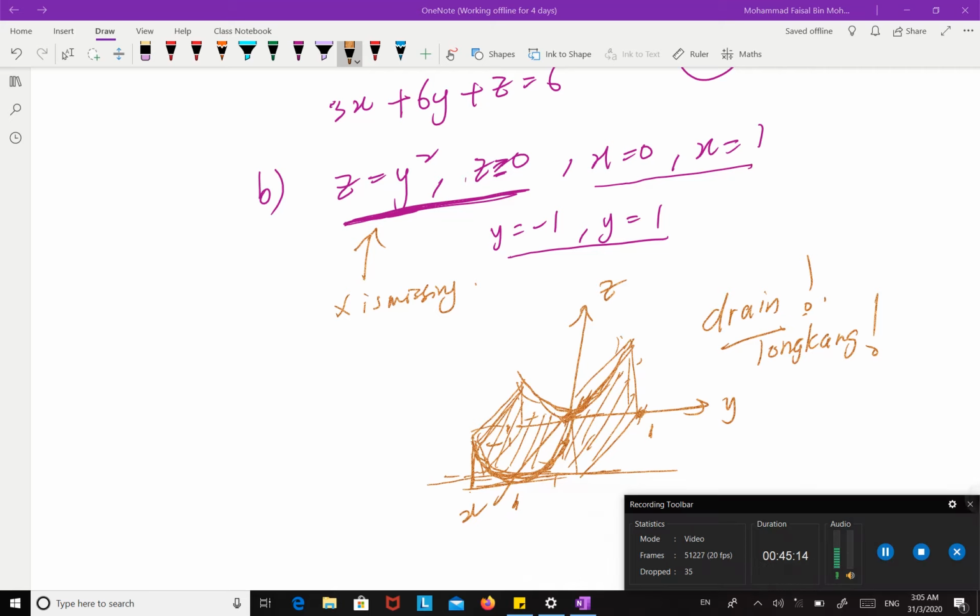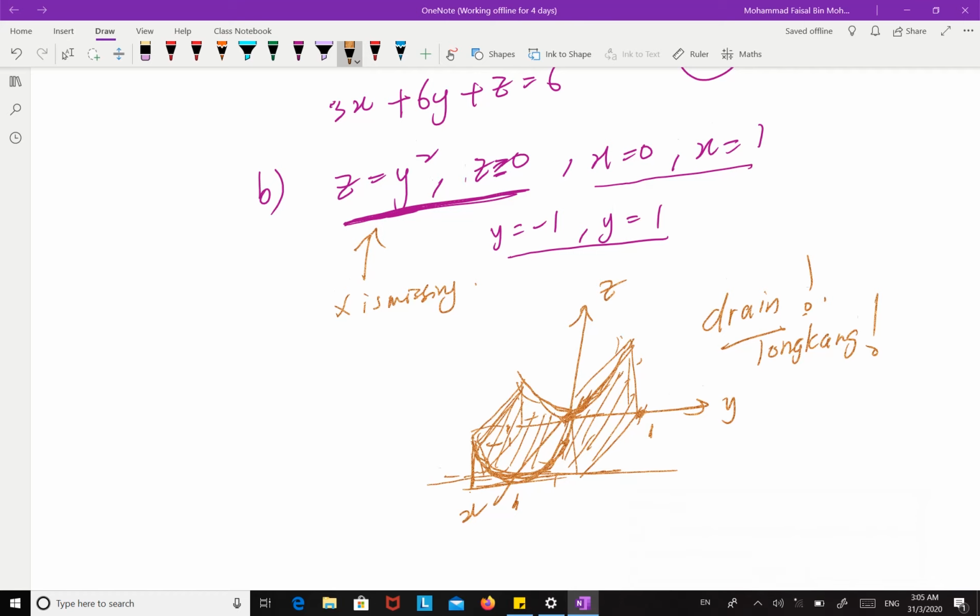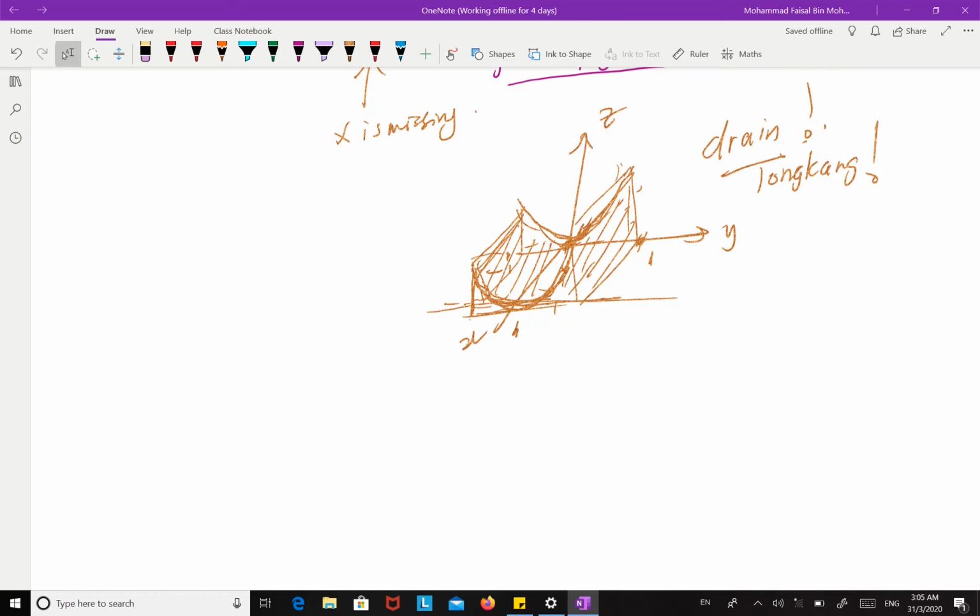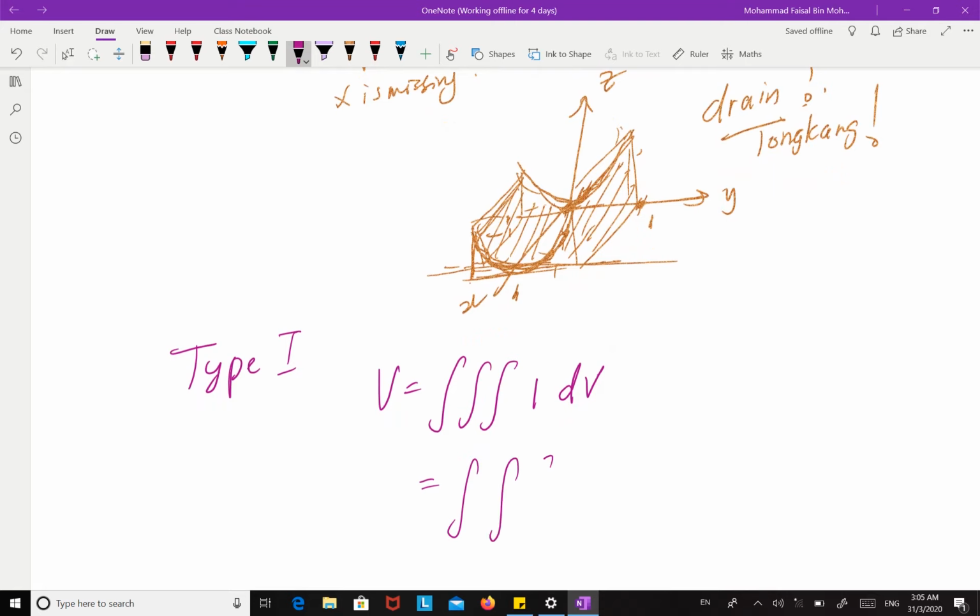I'll continue for a while. Okay, so let me choose type 1. So type 1 will be volume triple integral 1 dv, which is f x y z should be 1. So your dv will be dz, which is triple integral dz dx dy. I just choose type 1 here.